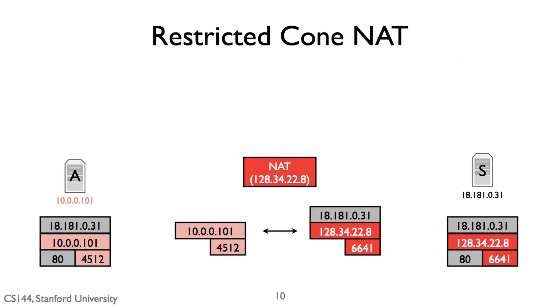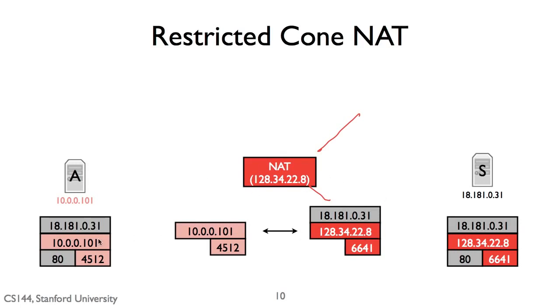It's a full cone. In addition to full cone NATs, there are also restricted cone NATs. A restricted cone NAT filters based on the source IP address. The NAT will translate packets that come from the same source address as is intended on the external mapping.